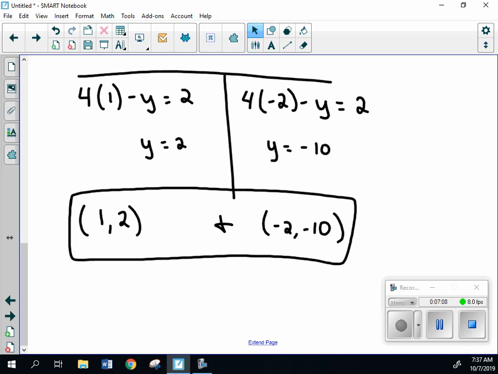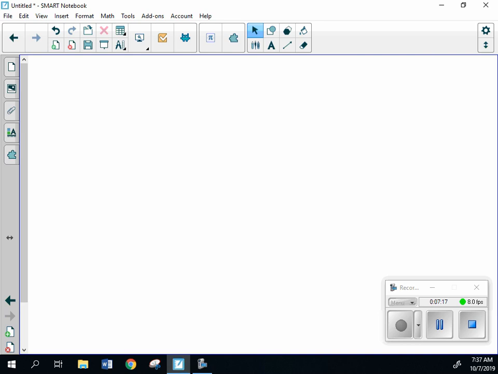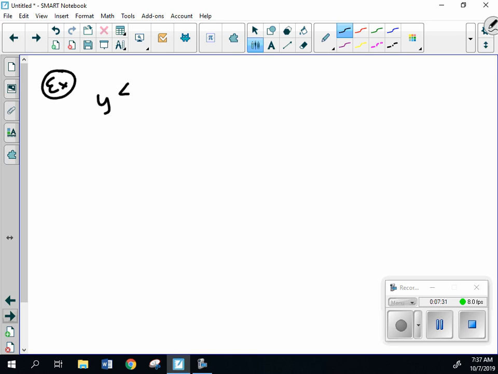The last thing is solving a linear quadratic system of inequalities. Just real quick, as a brief reminder, since we've done this before, because it's talking about shading and that kind of stuff. So if we're talking about inequalities, say I have y is less than x plus 2, and then y is greater than x squared plus 4.